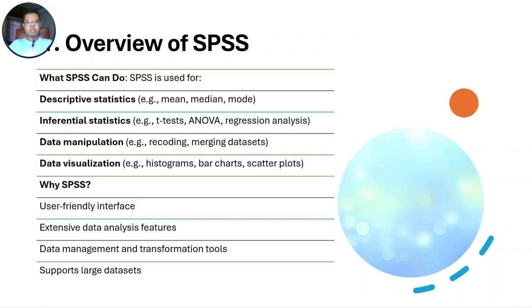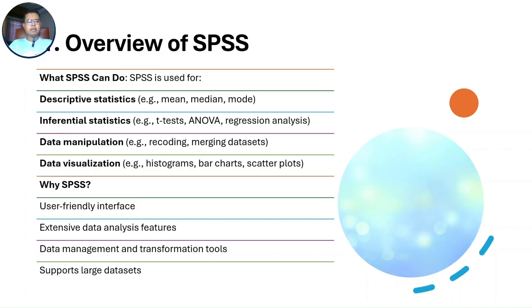On the other hand, skewness, kurtosis, correlation, regression, etc. In inferential statistics, we can do t-test, ANOVA, I mean analysis of variance, regression analysis, MANOVA, F-test, and so more.